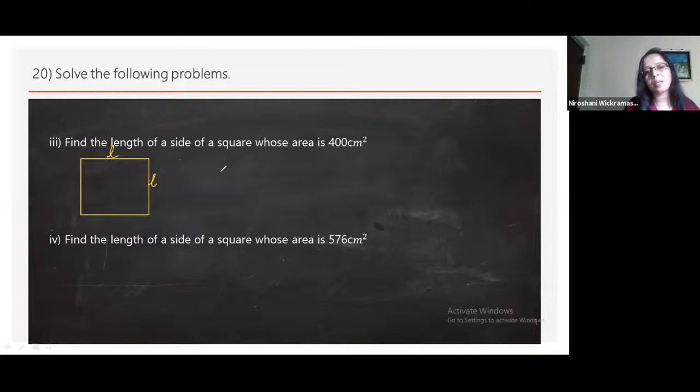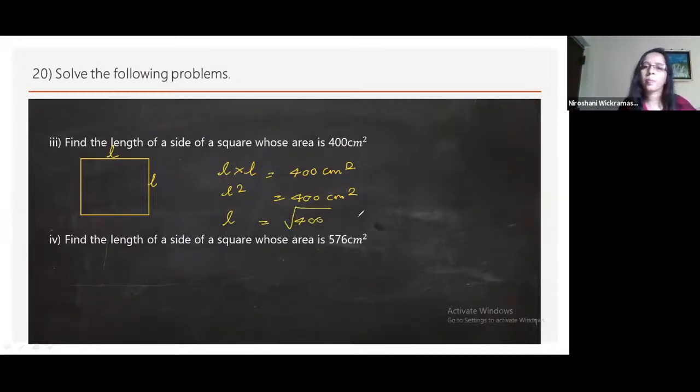So L into L is 400. Now we want to find L. L squared is 400. So for the side we have to find the square root of 400. You can see the square root of 4 is 2. From these two zeros, take 1. One side is 20 centimeters.